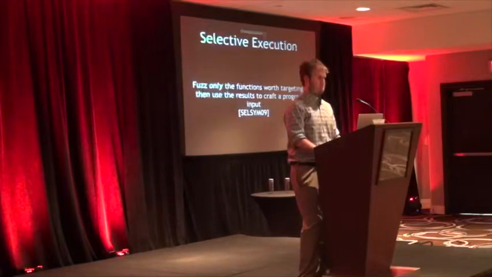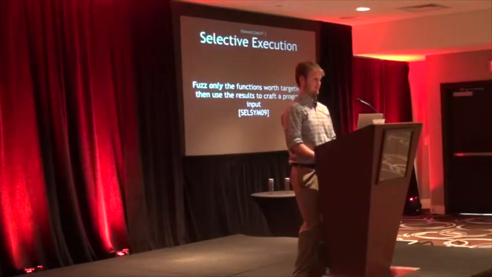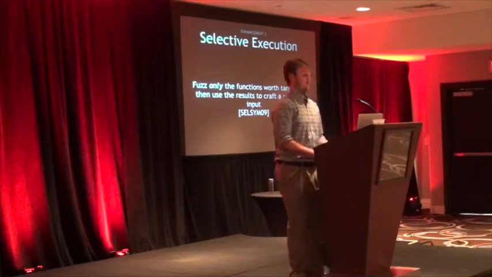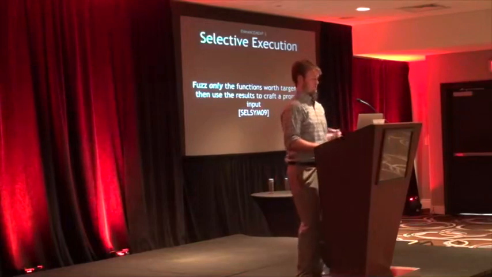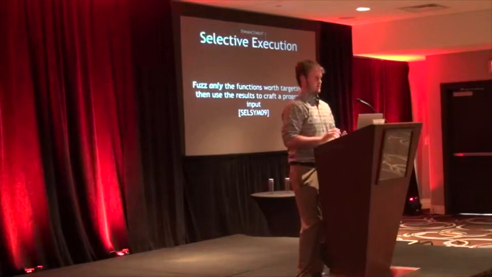So an even more heavy-handed solution to dealing with this problem is something called selective execution. The idea behind it is that you only fuzz the functions that you really want to target, and then take the inputs that the symbolic engine gives you and use those to recraft an input that is going to work on the real program.